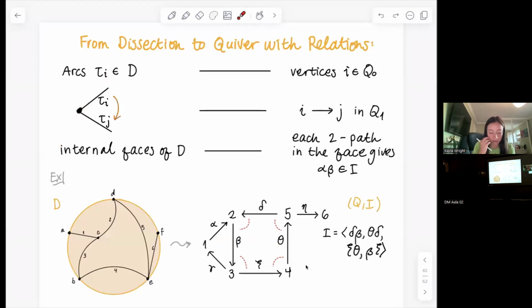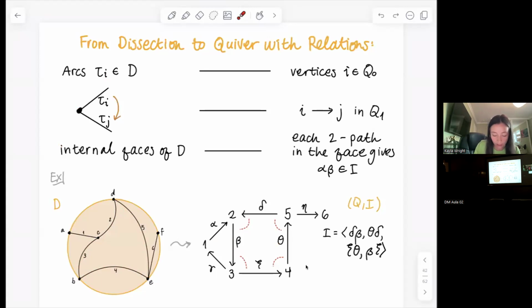We have our dissection of the punctured polygon or pentagon. If you look at all of the arcs, we have 6 different arcs. These are in bijection with each of the vertices of the quiver. And then when it comes to connecting it, we just have to see what things are adjacent to each other. So one easy thing to see maybe is if you look at a face, so this big face that we have in the middle here, if we fix the, what orientation did I pick?